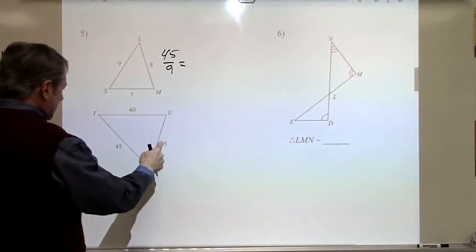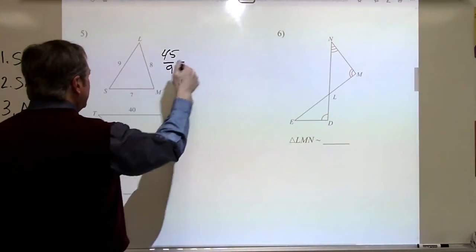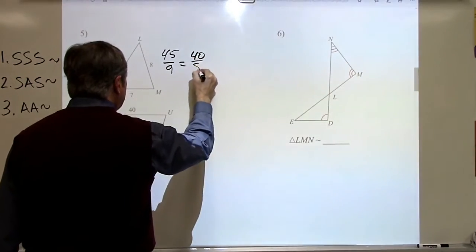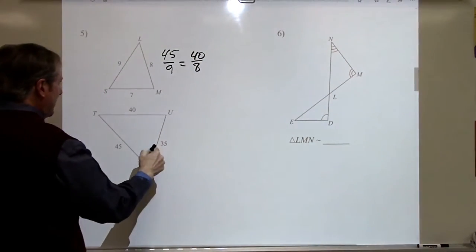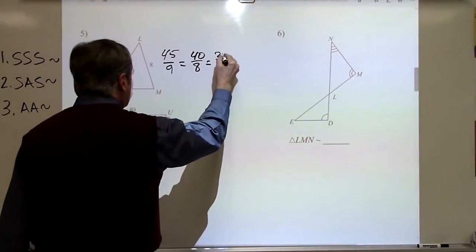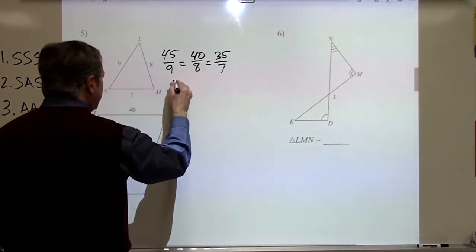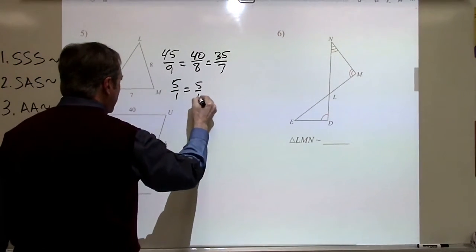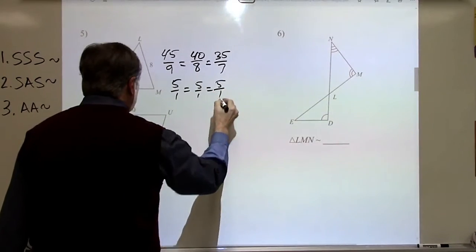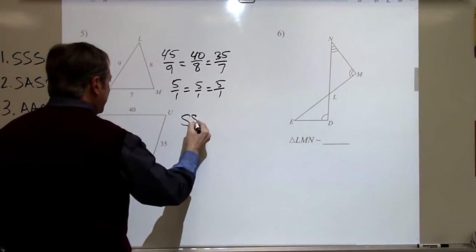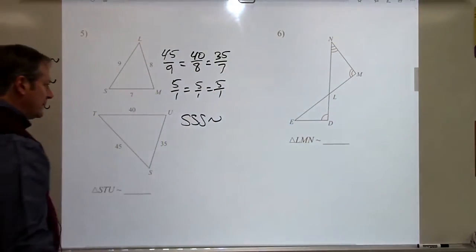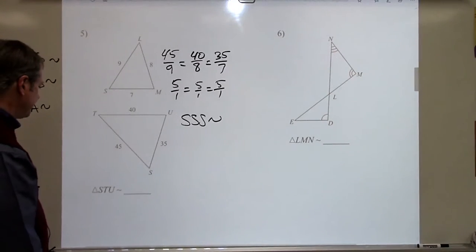The middle size one down here would be 40, and that would compare to the 8 up above. And the small side here, 35, would compare to the 7 over here. And sure enough, they all break down to the 5-to-1 ratio. So, by side, side, side similarity, these two triangles we absolutely know are similar.